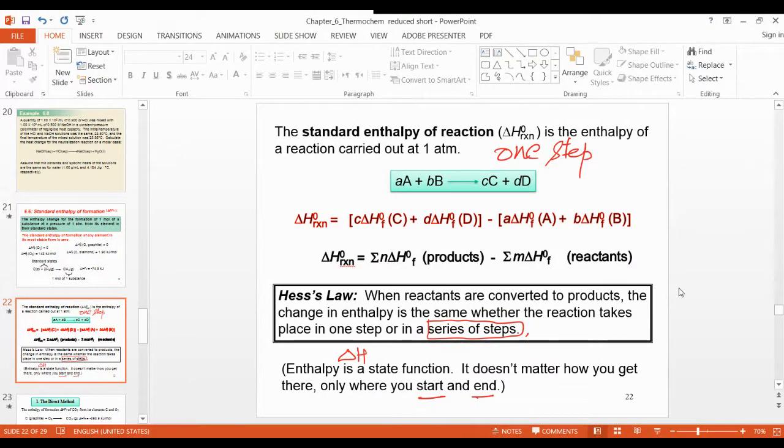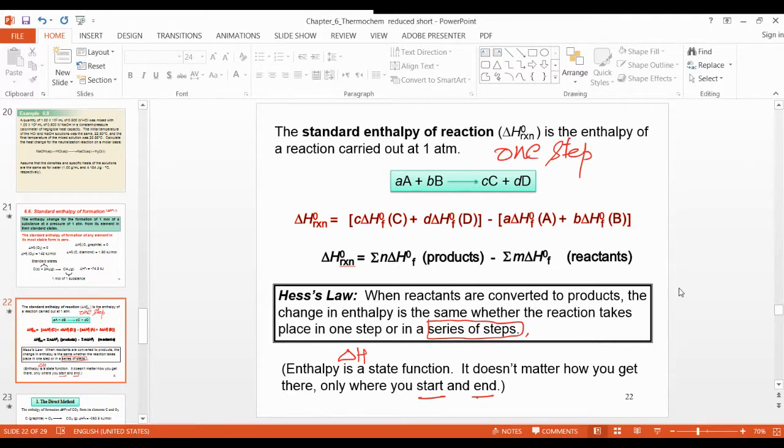This is a formula here, the product minus reactant, as I told you in the previous slide. The summation of the moles times the standard formation of the products minus the summation of the moles times the standard formation of the reactants, right? So the standard enthalpy of the reaction, delta H naught reaction, is the enthalpy of the reaction carried out at 1 atmosphere, that is at constant pressure, right?